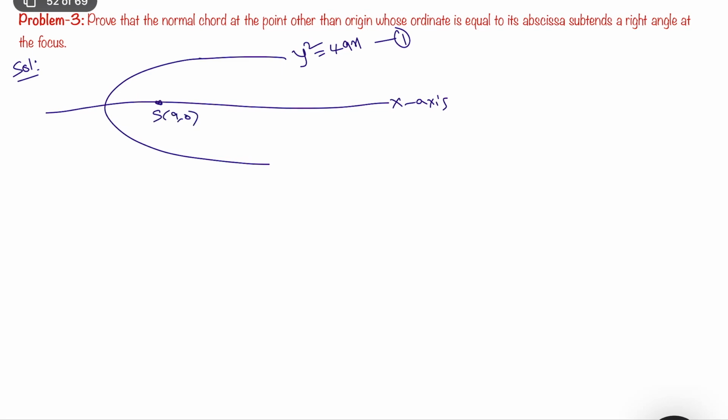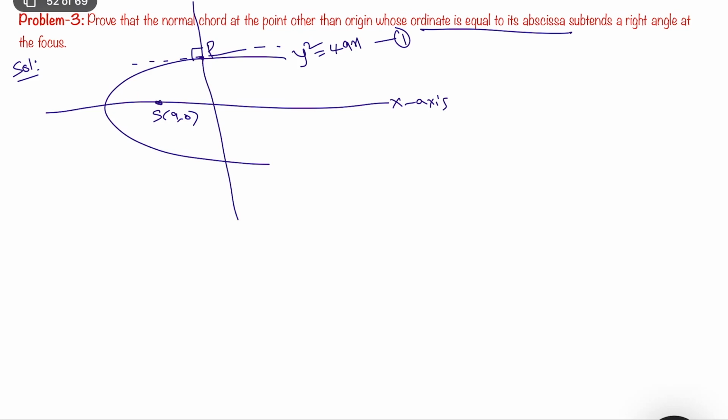Let us say P is a point on the parabola whose ordinate is equal to abscissa. At this point, first let me draw the tangent. The normal is going to be the line perpendicular to this tangent at this P. Okay, this is the normal line.